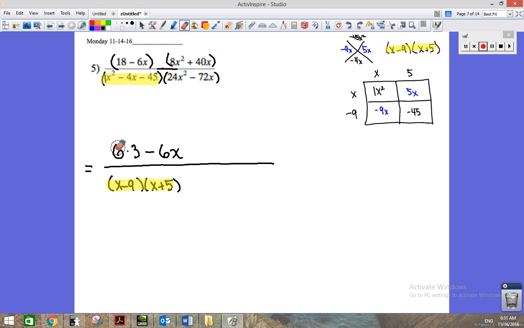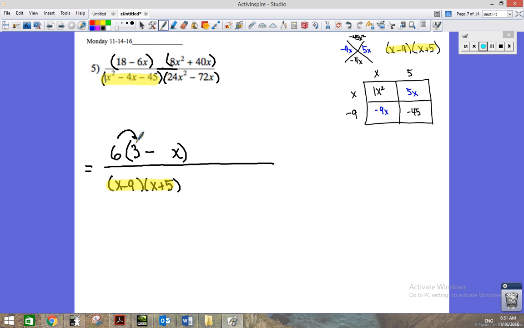I can remove this 6, I can remove this 6 if I make parentheses and I write that 6 out in front, because we have a property that's called the distributive property, that when you multiply these terms, that multiplication, they say, distributes over addition or subtraction.